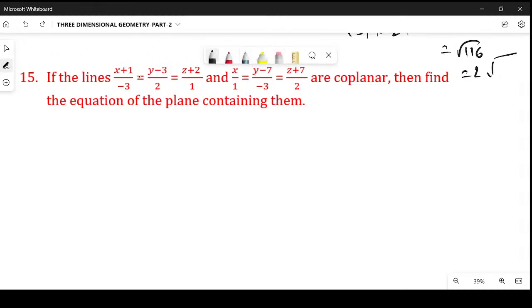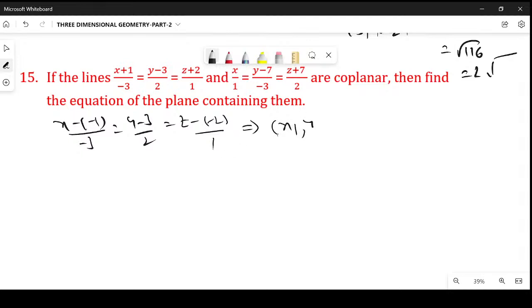If you take it like this, (x minus of minus 1) by minus 3 equals (y minus 3) by 2 equals (z minus of minus 2) by 1, then the point x1, y1, z1 will be minus 1, 3, minus 2.